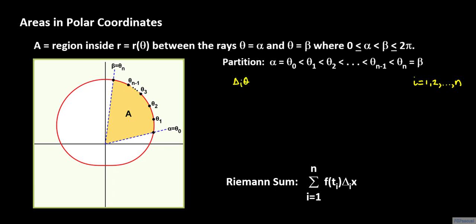We set delta sub I theta equal to the length of the ith theta subinterval. Then delta sub I theta equals theta sub I minus theta sub I minus 1. Let delta theta be the maximum length of all of the subintervals.